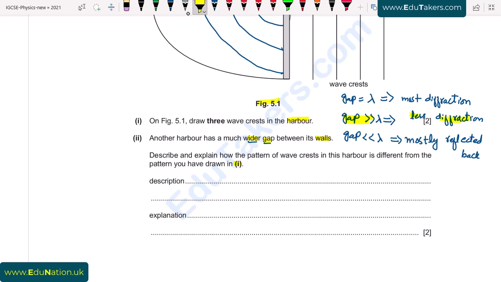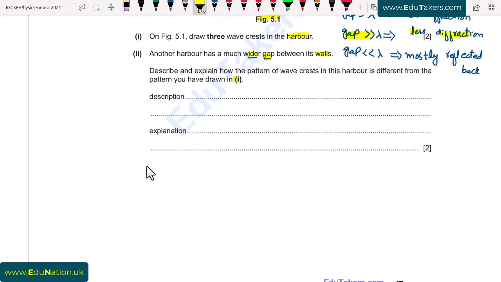So I write here, waves pass through the gap and remain straight.